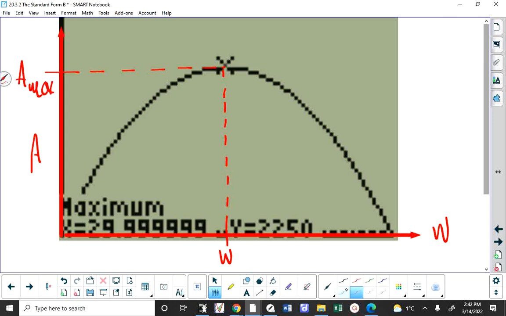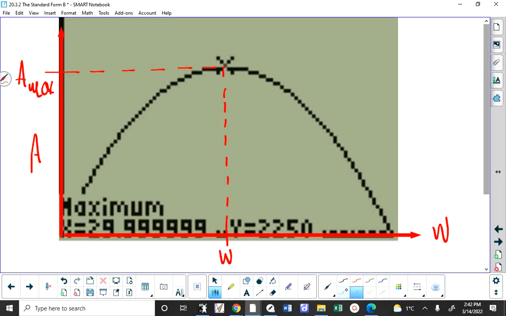Well, this is what I asked you to do in the example that McKenna had asked about earlier, right? If the width is 30, can you find the length? Some of you took the area divided by the width. I want to say 75. Is that right? If you take 2250 divided by 30, you get 75.